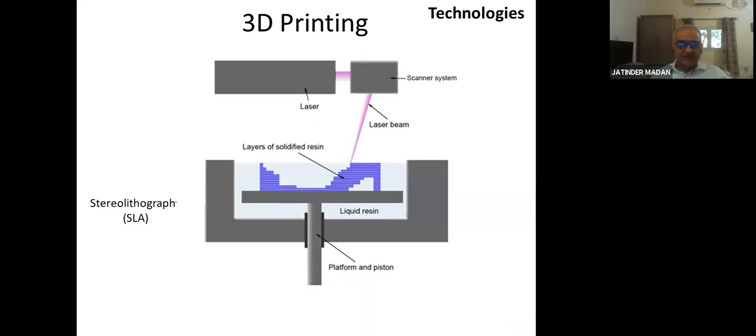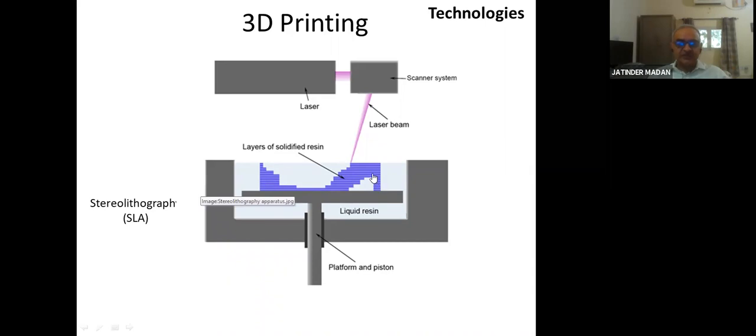Here you see you have the stereolithography. Instead of depositing the material, you have a liquid. Basically, liquid is there, and you bring the laser wherever you require that liquid polymer to be printed. For example, this is a liquid, so you have this layer.